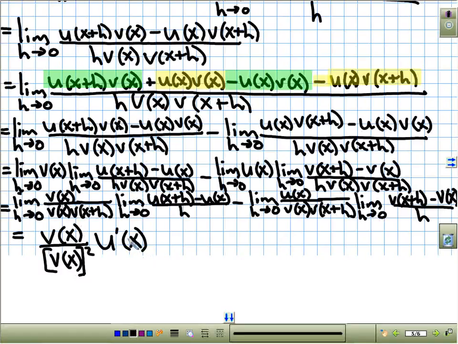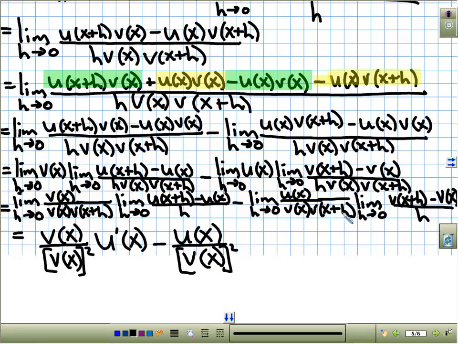Now let's look at the second part. Minus, over here we have u of x up top, all over, once again, v of x squared, because the limit of u of x as h goes to 0 is just u of x, and the limit of v of x times v of x plus h as h goes to 0 is v of x squared.